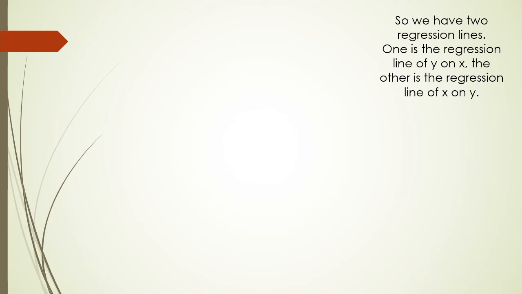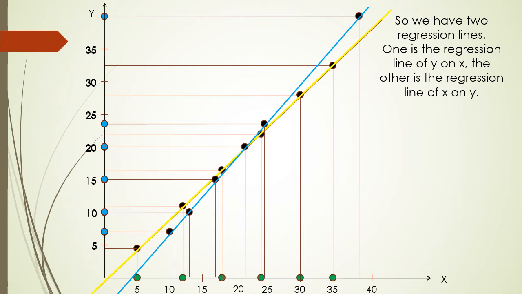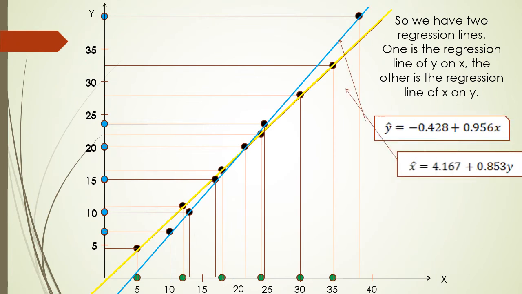So we have two regression lines. One is the regression line of y on x, the other is the regression line of x on y. So these are the regression lines calculated from our data.